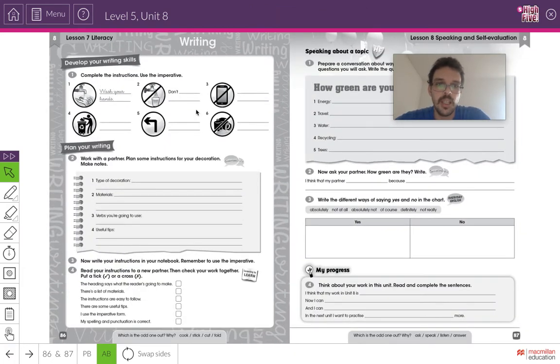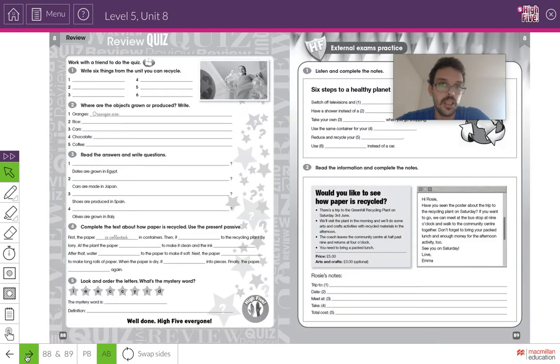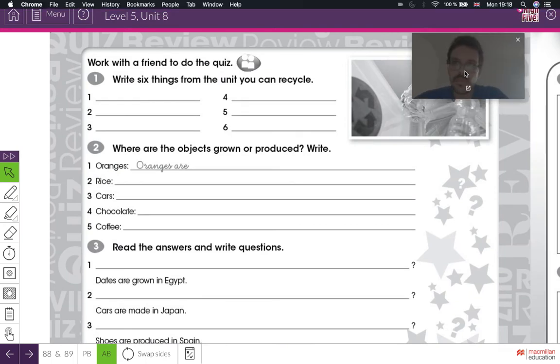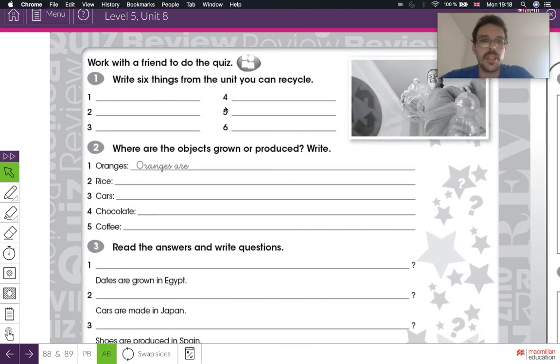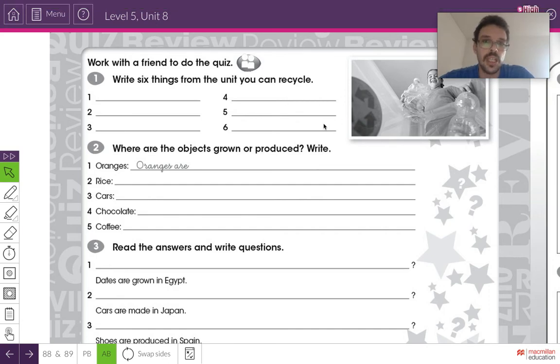Okay. Once we finish this, we are going to go to the review quiz. Okay, and I think you have this in your book. Now, if you don't have this in your book or you can't find it, you can always do this in your notebook. All right, but you should have it in your book.